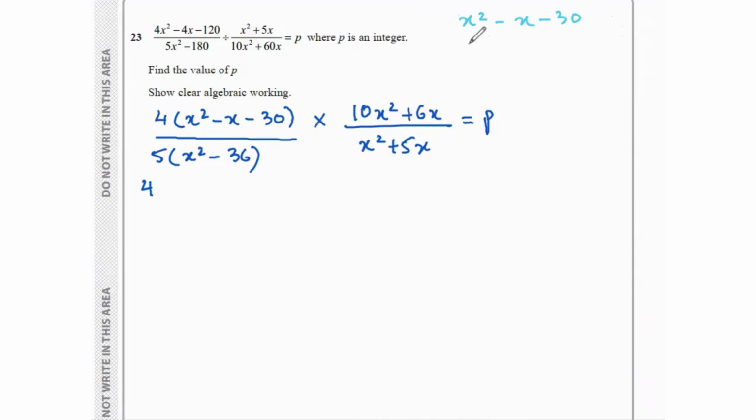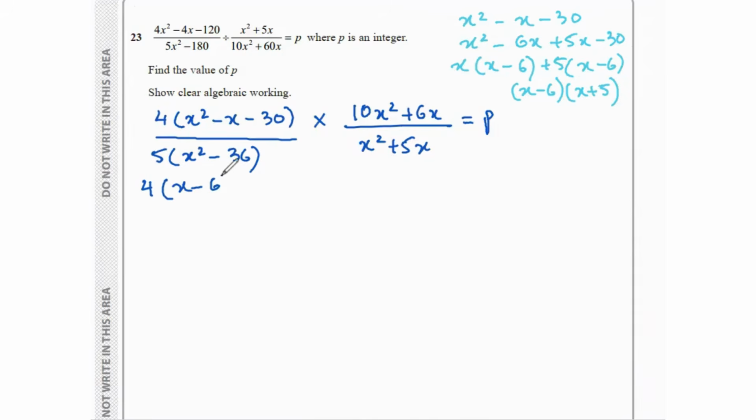I'm going to pick 5 and 6 because x squared minus 6x plus 5x gives the same thing as the initial equation. So we're splitting it up. The negative x gets split into negative 6x plus 5x. Factorize it, x bracket x minus 6 plus 5 bracket x minus 6, and we have x minus 6 times x plus 5. Okay, so this becomes x minus 6 times x plus 5.